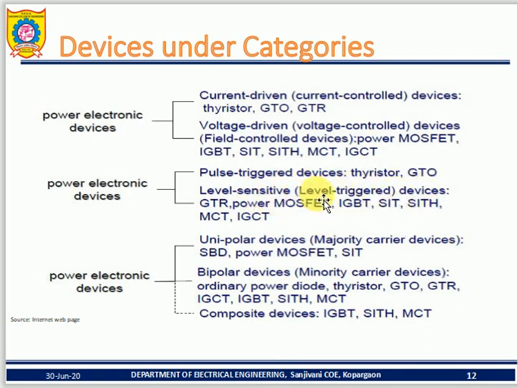If you cut the gate pulse or the base terminal signal, the switch automatically goes to the off position. Then there are unipolar, majority carrier, minority carrier, and composite devices. The base or gate terminal needs the pulse or triggering, and the controller is what gives that pulse or triggering.